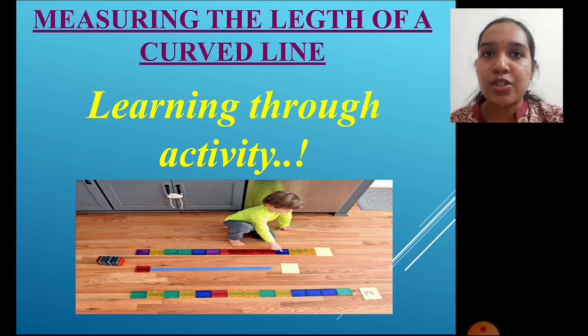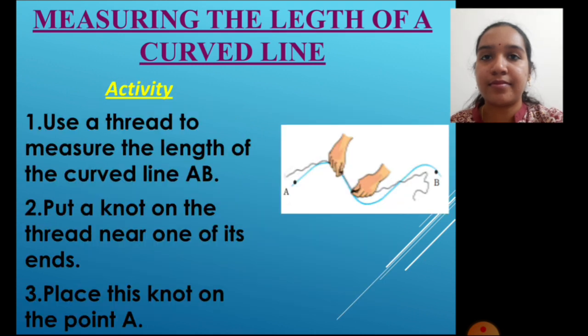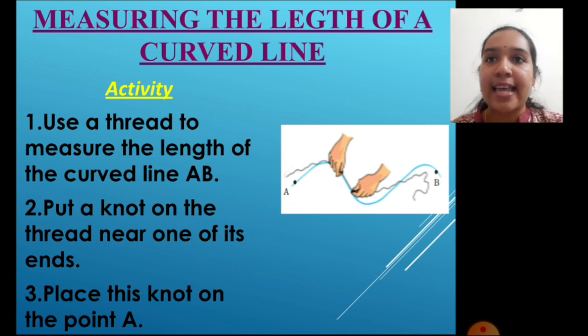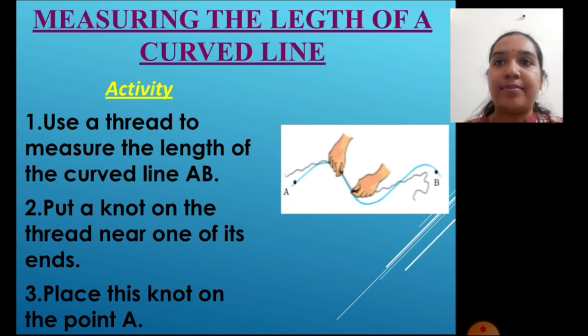Let's understand this concept by learning through an activity. First, mark the endpoints of the curved line as A and B, from where to where you would like to measure on the curved line.